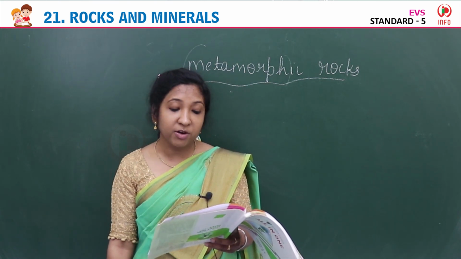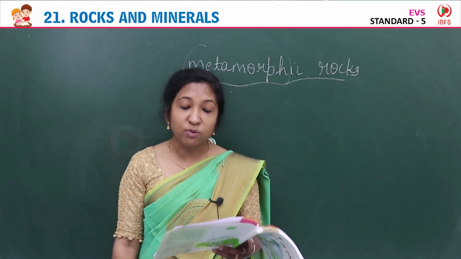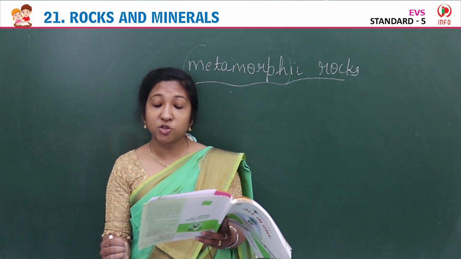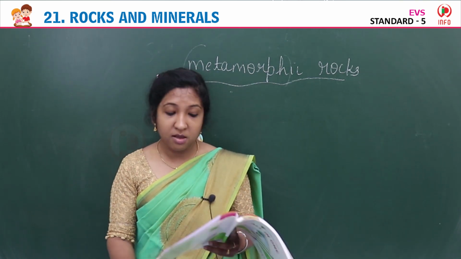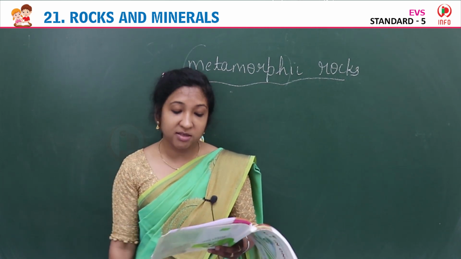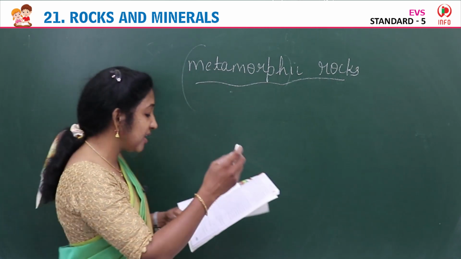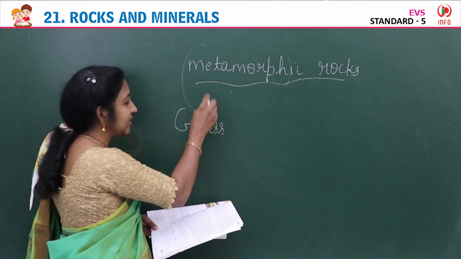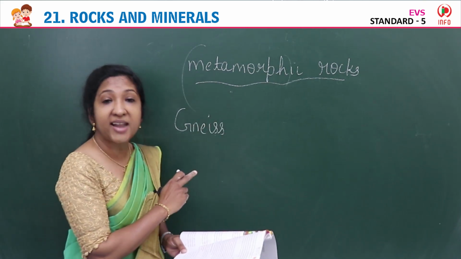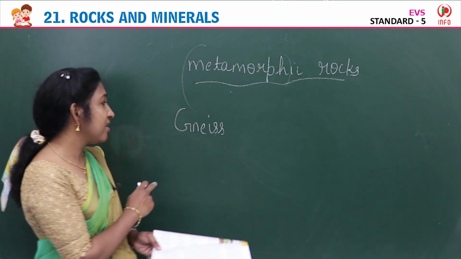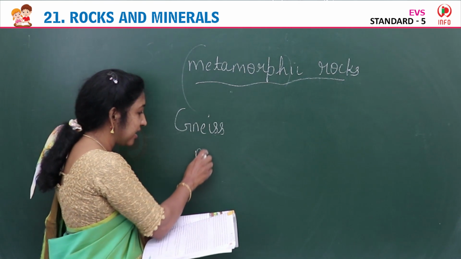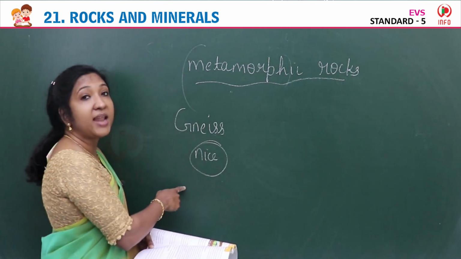Examples of metamorphic rocks are schist, means converted basalt, we say, quartzite, compressed sandstone, marble, slate, then gneiss. We pronounce it as 'nice'. Don't read it as 'genis', it is 'nice' actually.